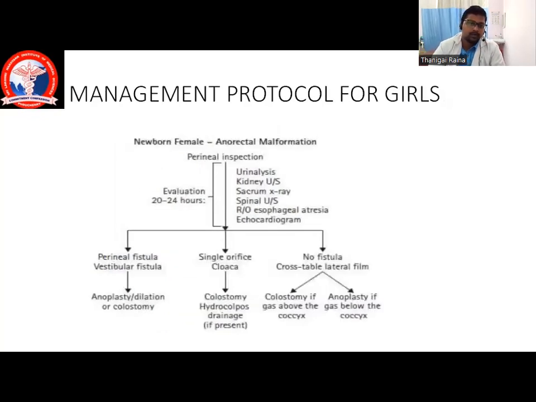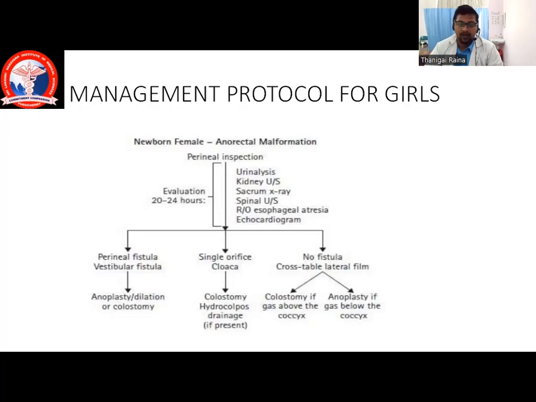So for girls, same thing. Newborn female with anorectal malformation, perineal inspection, then evaluation after 20 to 24 hours. On your right hand side, the urine analysis and kidney evaluation are the same as for male babies. After this, you come to a conclusion: if it is a perineal fistula or vestibular fistula, go for anoplasty or dilatation, or colostomy.